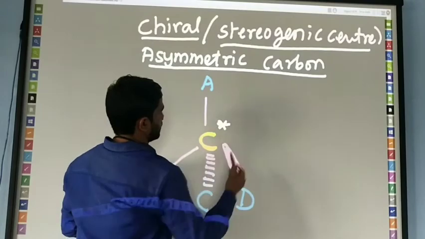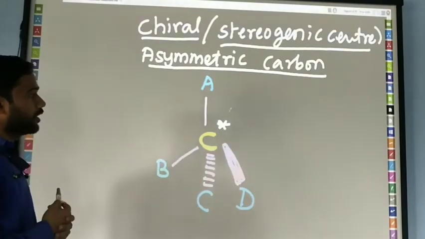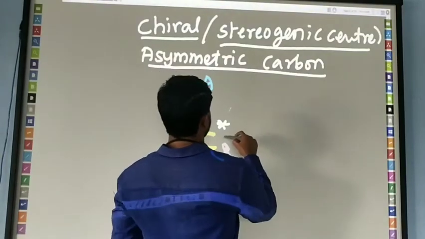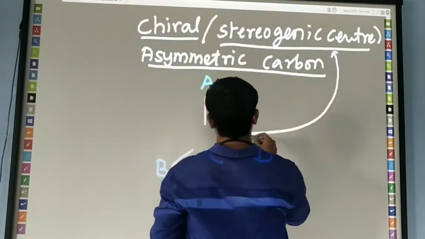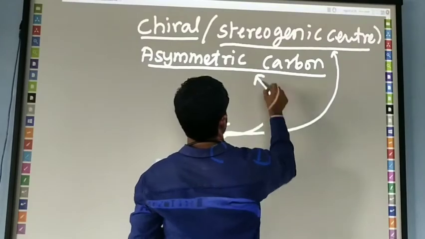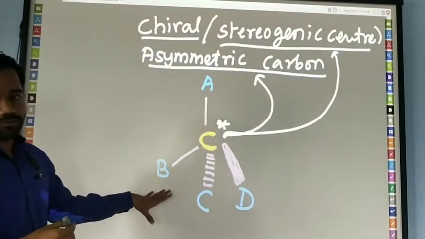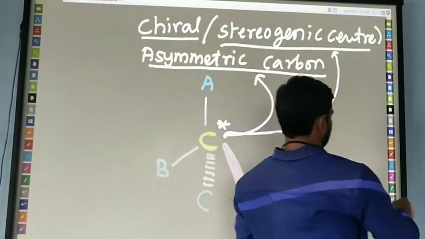We denote it with a star here. This type of carbon is known as a chiral carbon, or asymmetric carbon.